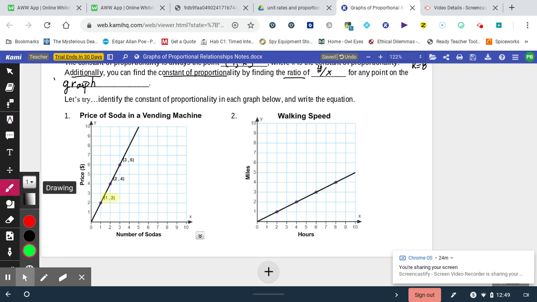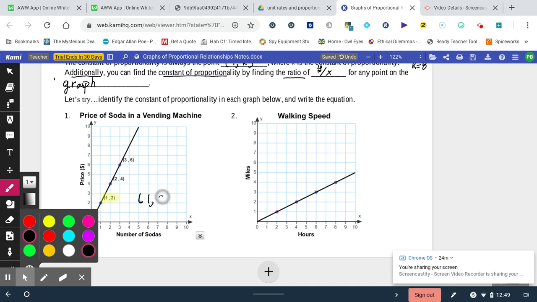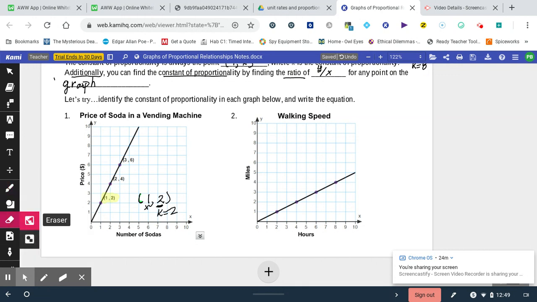Since this coordinate has an x of 1, I'm going to pick it out. 1, 2. There's your x of 1. So this y value is your k. So I know k is equal to 2. In other words, your constant of proportionality is 2.